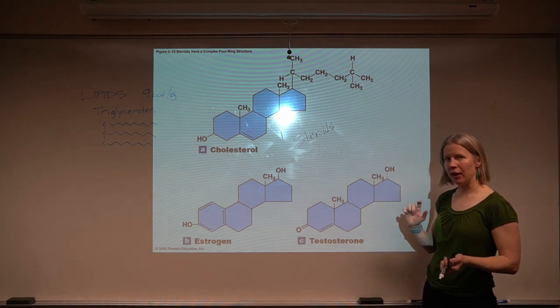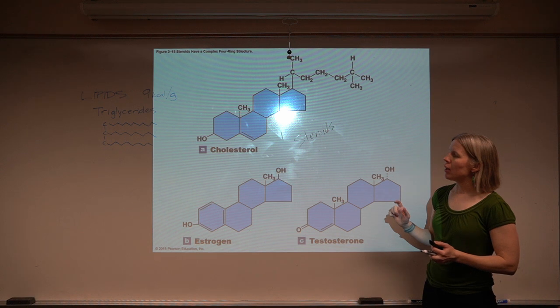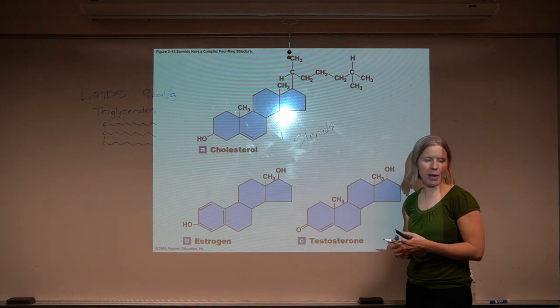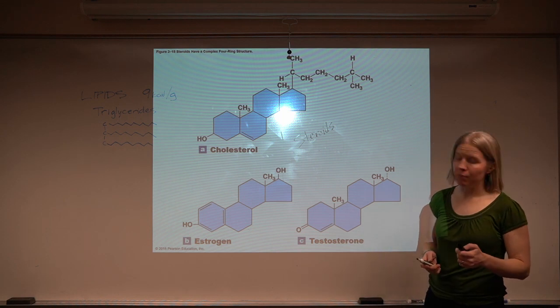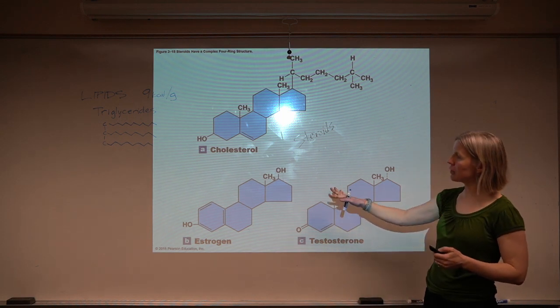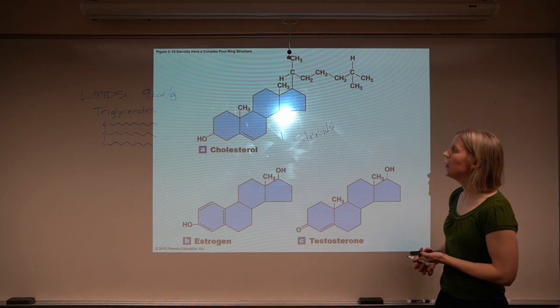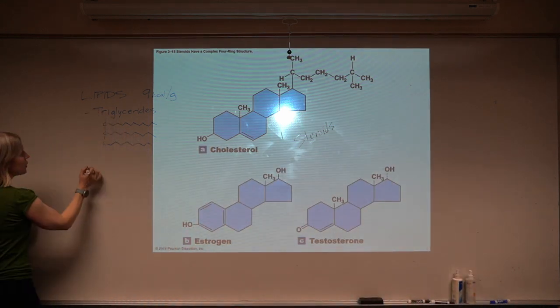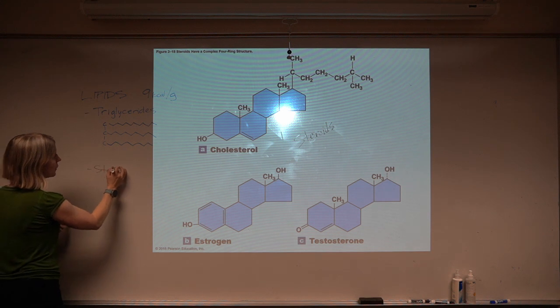A few things added, taken off. That you need cholesterol, right? So cholesterol also is not bad. You need it to make these important hormones, right? So this lipid has a very different structure, kind of a ring structure based off of cholesterol, right? So we've got triglycerides, we've got steroids.